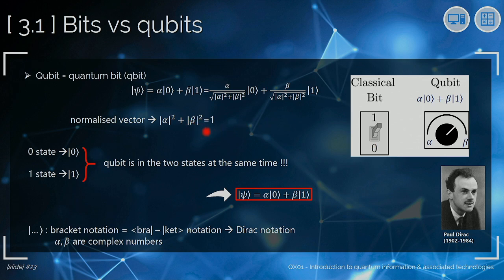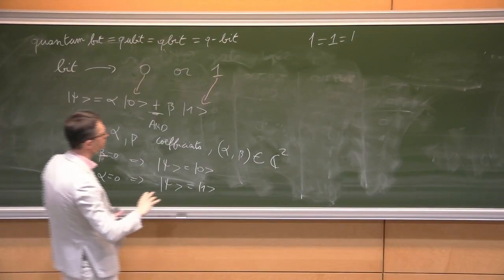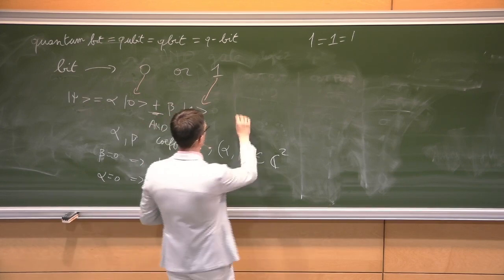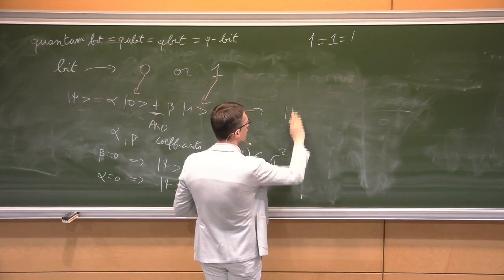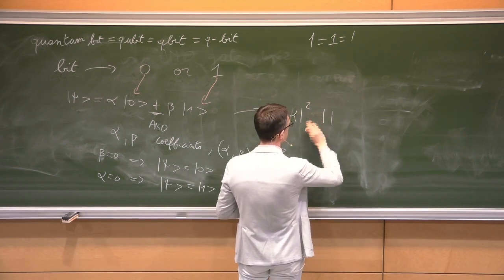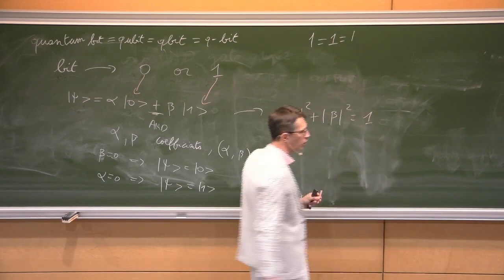There is one more piece of information on these coefficients. At this stage it is not very important, but just to let you know, the qubit state, so this object, has to be normalized, whatever that means. What it means is that there is a relation between alpha and beta, which is that the modulus of alpha squared plus the modulus of beta squared is normalized to 1.